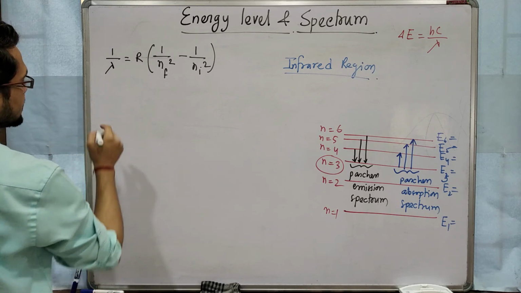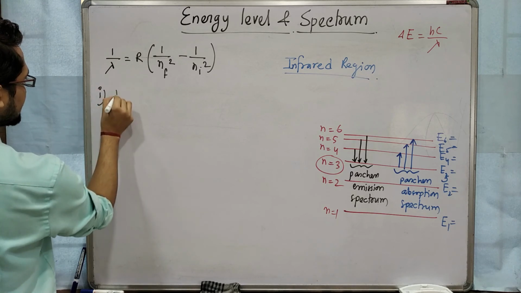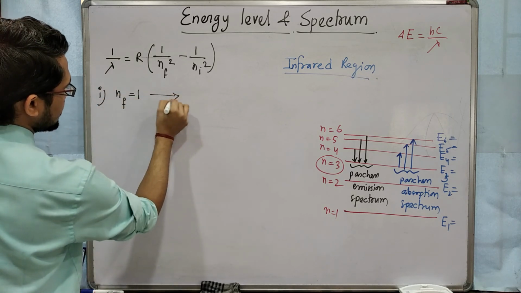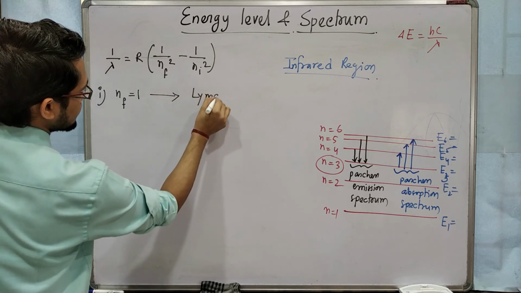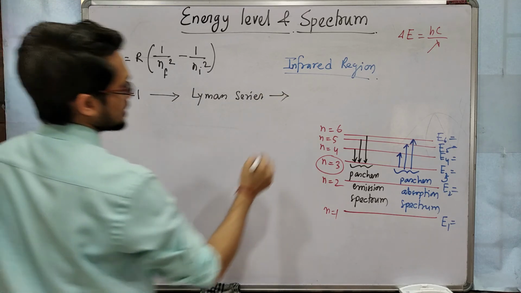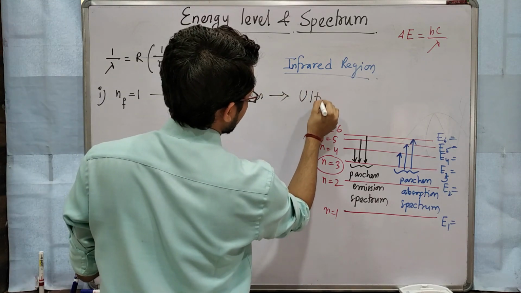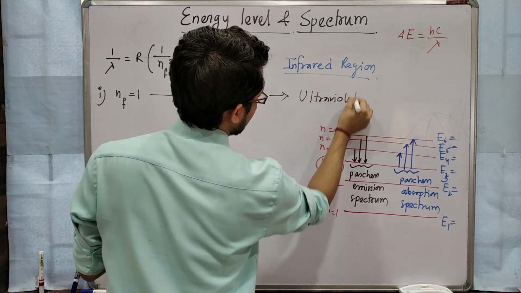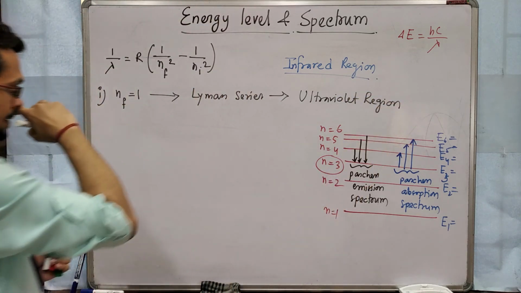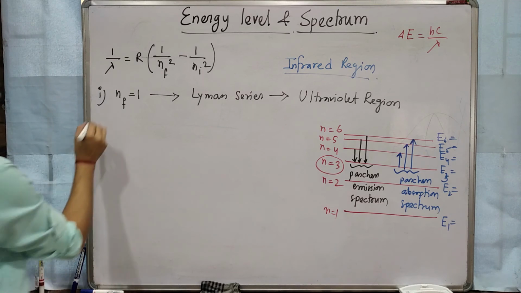First point, when nf equals 1, we get the Lyman series. It lies in the ultraviolet region. Clear?